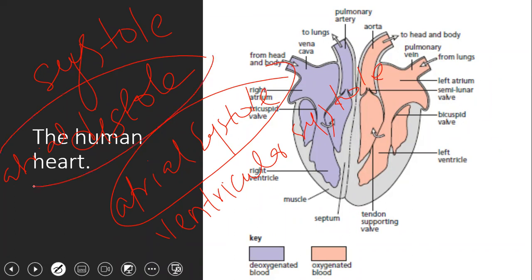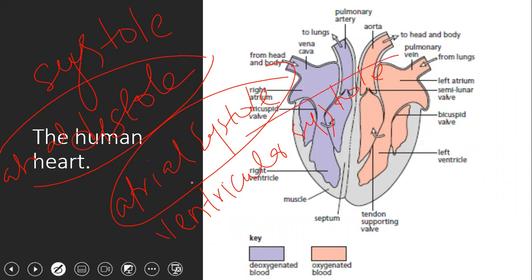After that, once again, our valves will close, both the tricuspid and the bicuspid, because both the right side and the left side work together. Your semilunar valves will open in the pulmonary artery and in the aorta. Both the right ventricle and left ventricle are going to contract.